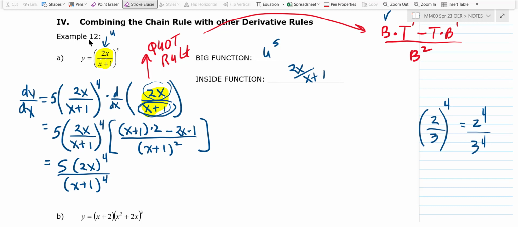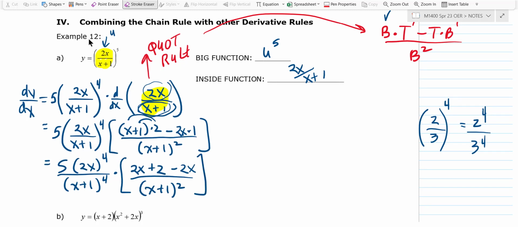If the entire fraction is to the 4th power, both the top and bottom are to that power. Now we'll do this. Just distributive property, 2 times x is 2x, 2 times 1 is 2, and then 2x times 1 is minus 2x. Then we have the bottom squared like that.